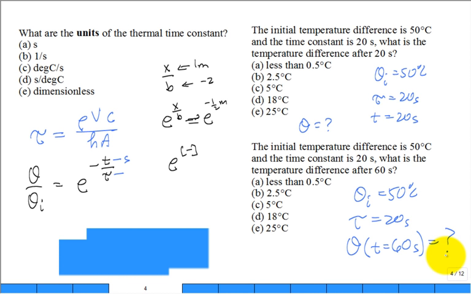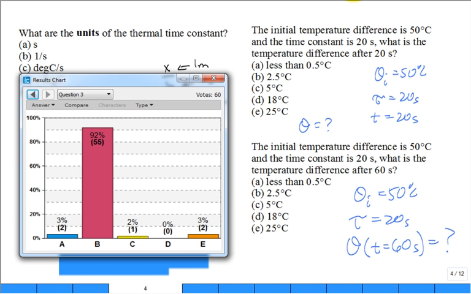All right, let's go ahead and stop it. And what did we just use? E to the minus 3, 0.05 times 50, 2.5 degrees. The action's pretty well over. You went from 50 degree delta T down to 2.5. I know there's still some action left, but there you go.